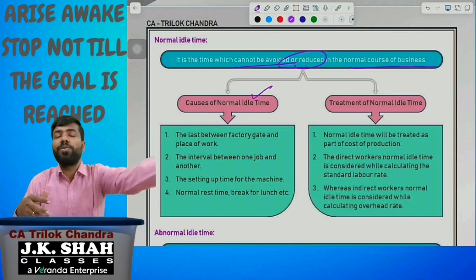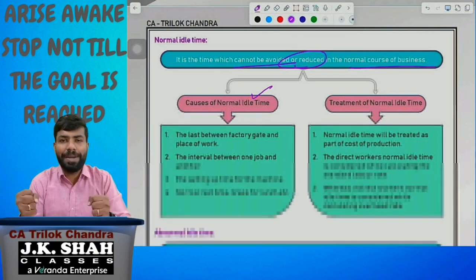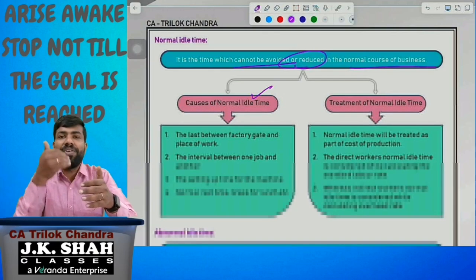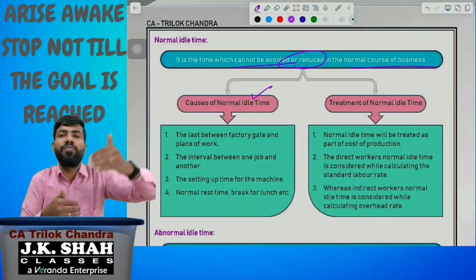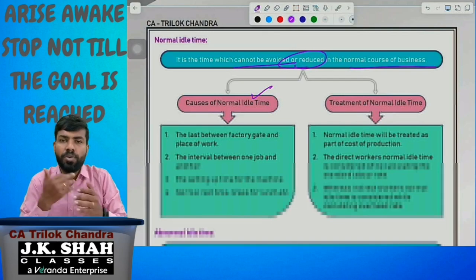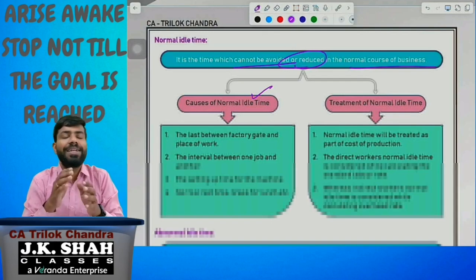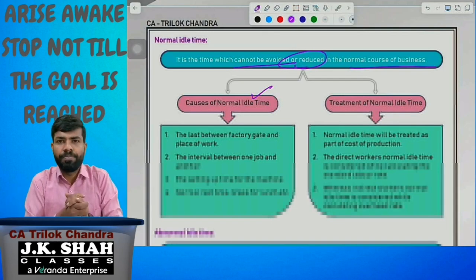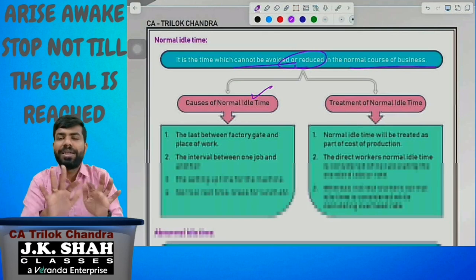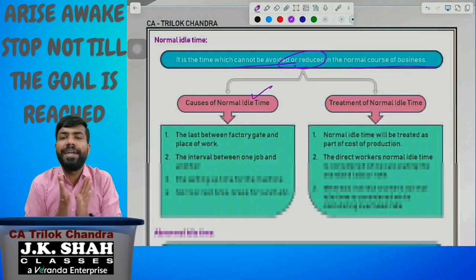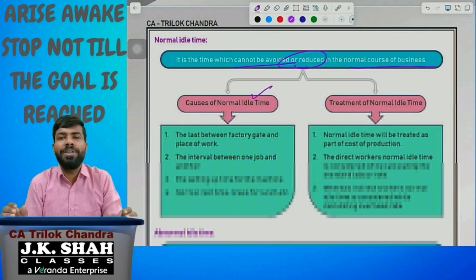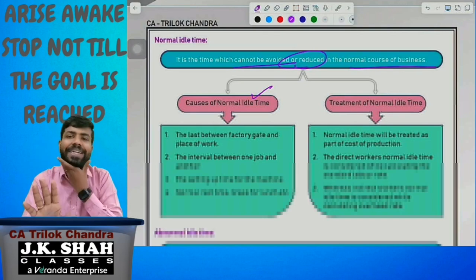But to reach the work location, it may take 10 to 50 minutes, because the distance between the factory gate and work location is around 4 to 5 kilometers. That time lost cannot be reduced or avoided. Normal idle time is which cannot be avoided, and it is expected.